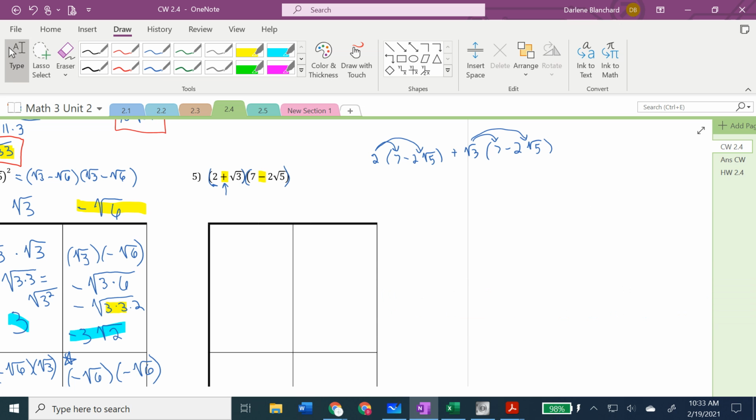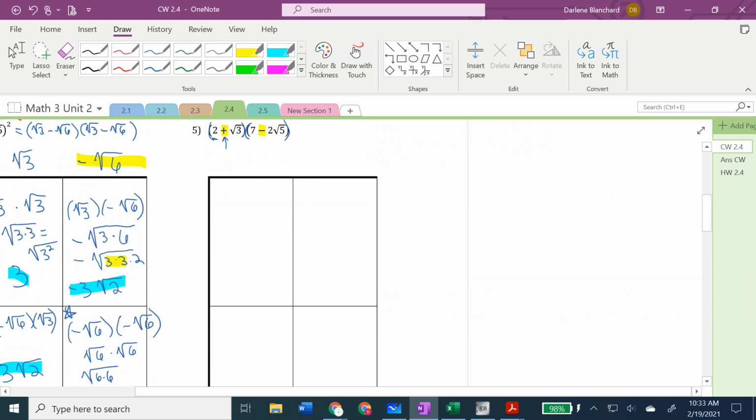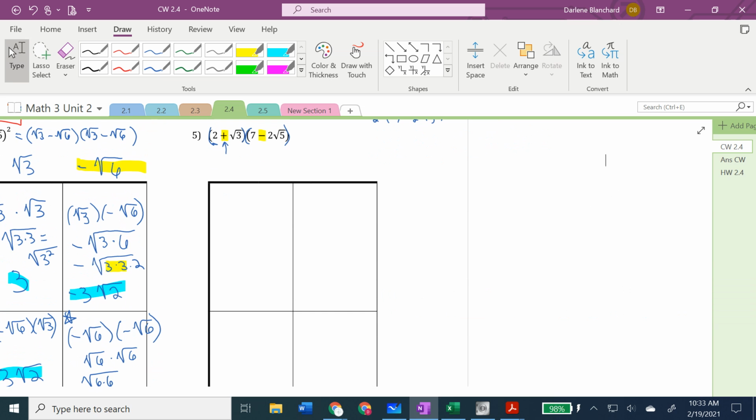So I'm going to go ahead and get the box multiplication started. It doesn't matter which one you put on the top and which you put on the left. Does not matter at all. So I'm just going to put 2 plus root 3 and 7 minus 2 root 5.